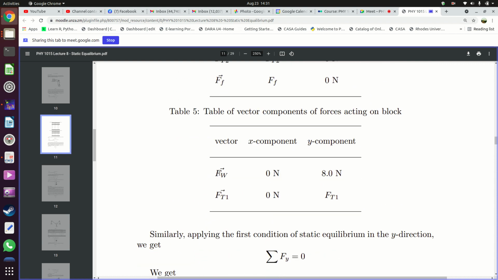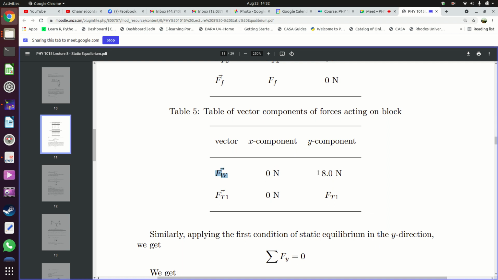So you put in the weight. For the weight, FW, the x component is going to be FW cos 270 degrees. That should give you 0 newtons.